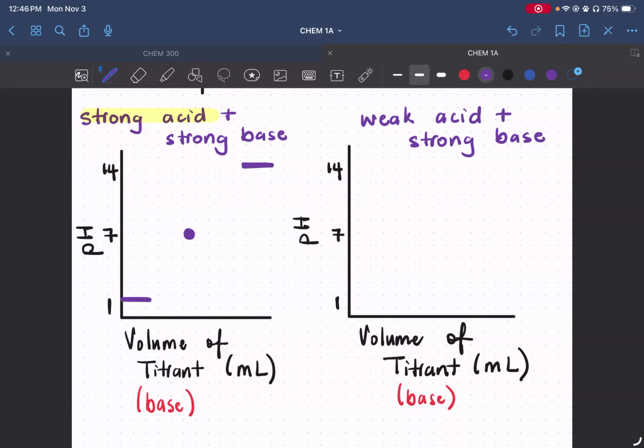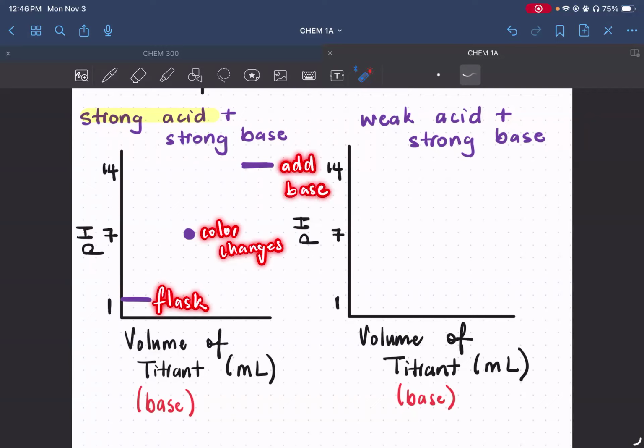These are the 3 different points on this graph: the flask at the very beginning, when the color changes, and of course, after you just keep adding base.